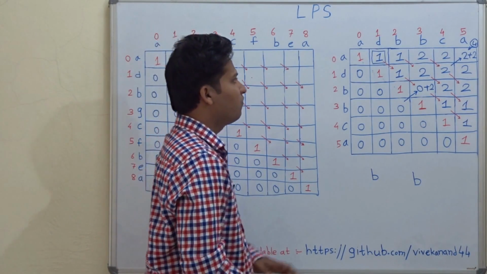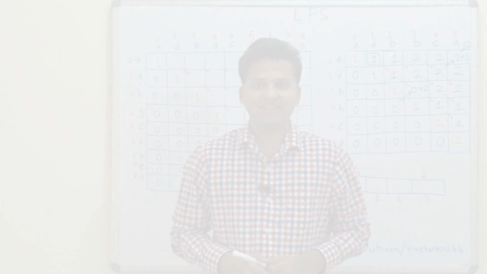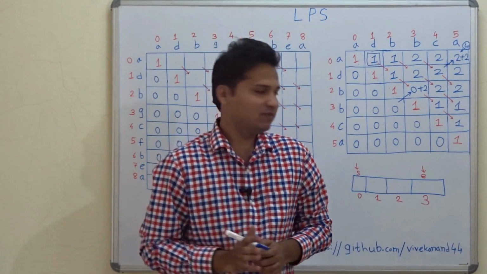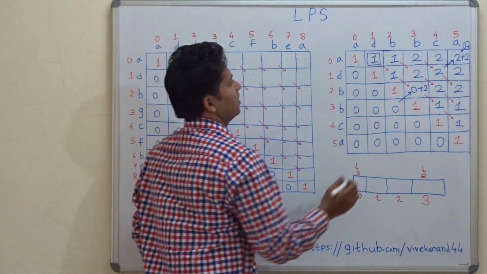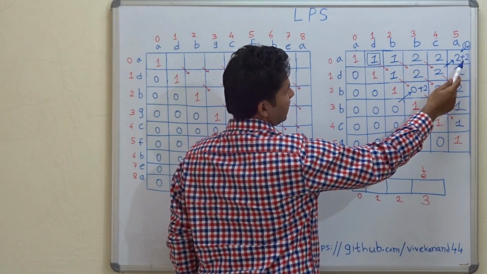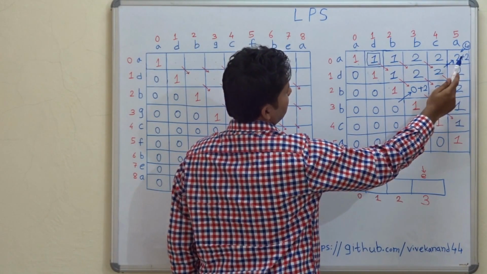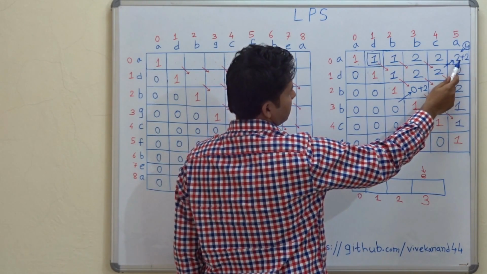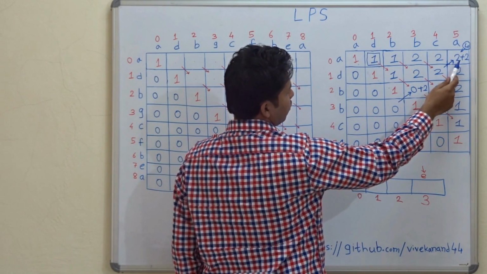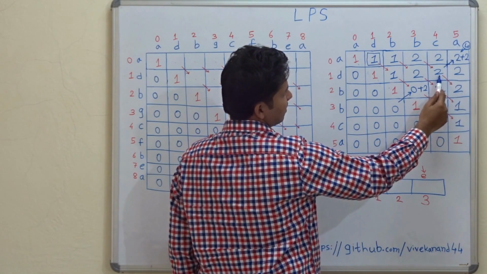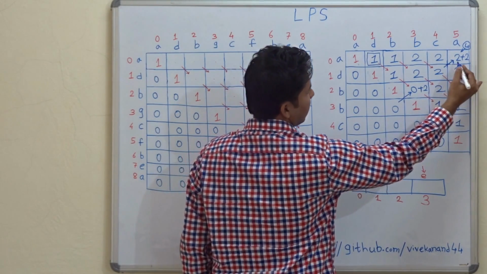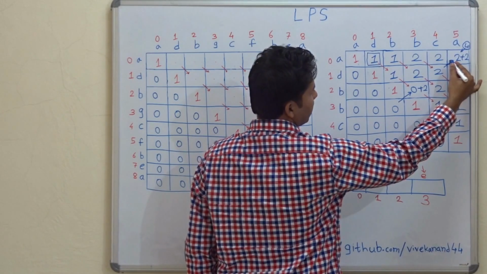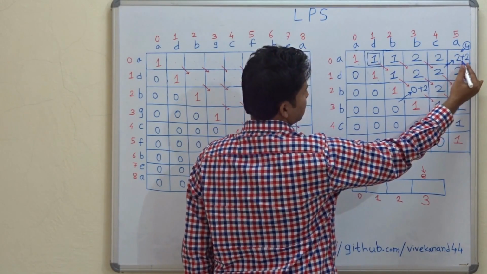Now we will find that string. So let's find out that subsequence. So we will start at the end here. Now see, this cell value has come from a diagonally previous cell, that is this cell, which is why we have marked here a blue arrow which points to this cell.